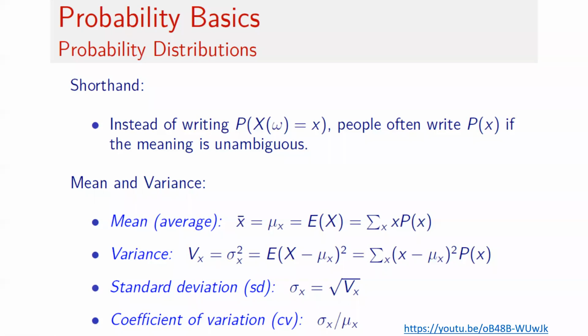We also have the standard deviation, and the standard deviation is the square root of the variance. You can see that here we have the square root of the variance. And the coefficient of variation is just the ratio of the standard deviation to the mean. So here we have the standard deviation divided by the mean, by the average.